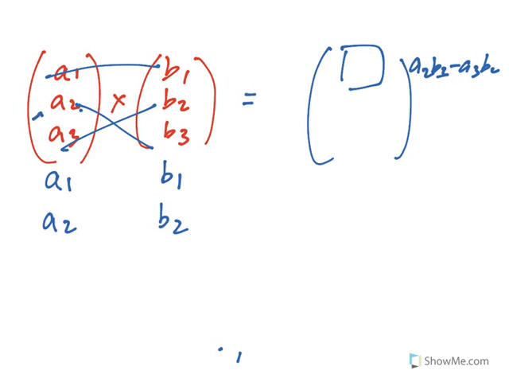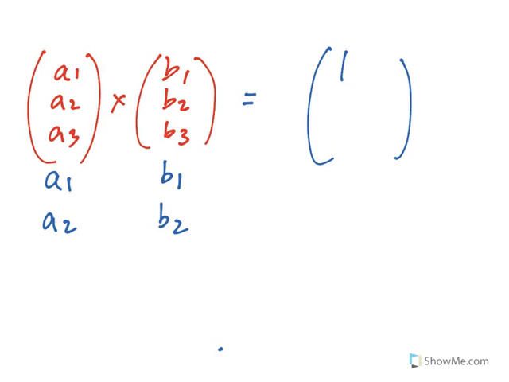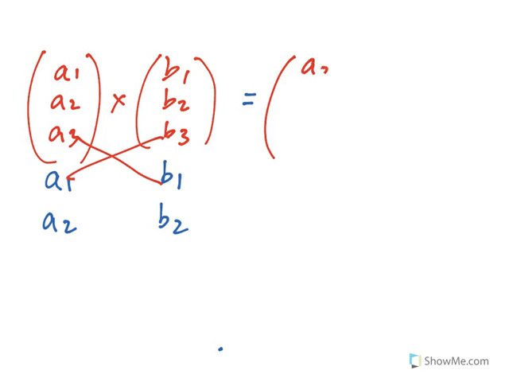Second component, I cross. Let's say I want the second component: using the second row, I crisscross the third one. So the first component is A2, B3 minus A3, B2.